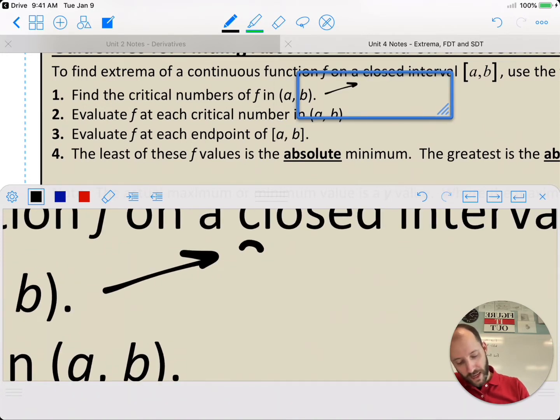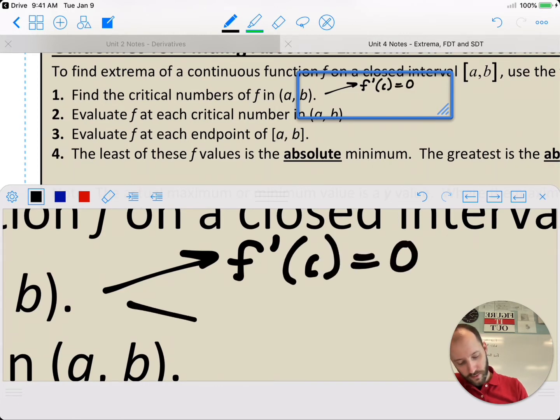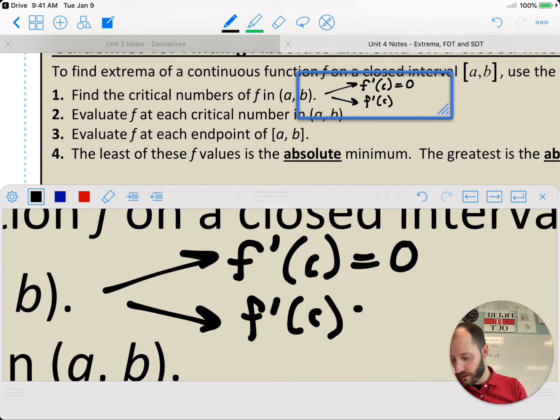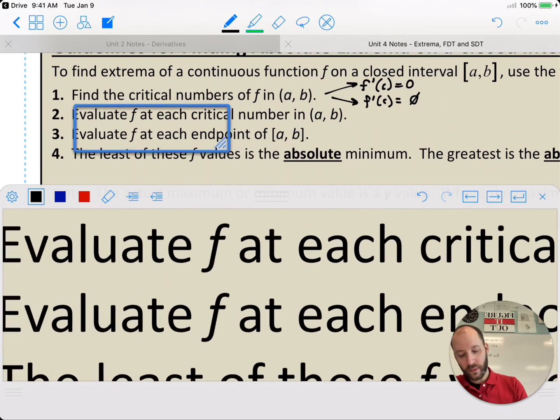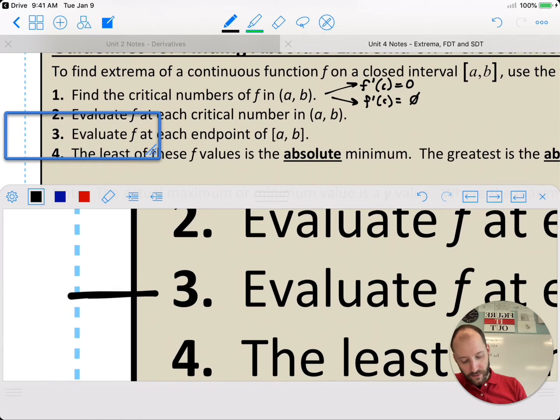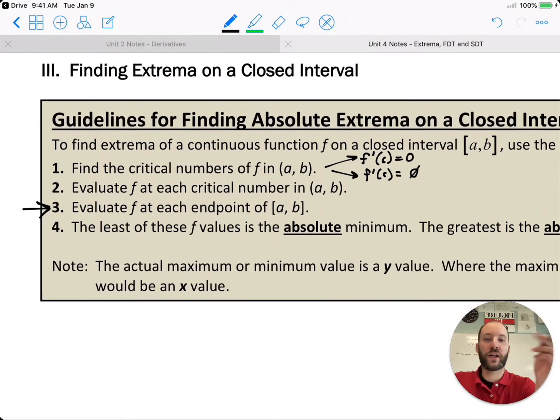That means f prime of c equals 0, or f prime of c equals undefined, or does not exist. And then right here, this can be pretty easily forgotten about when you're finding absolutes.